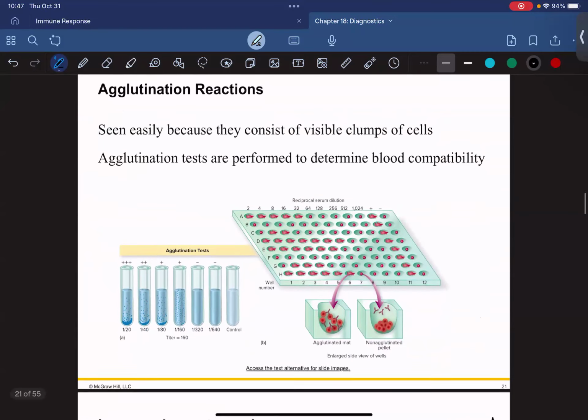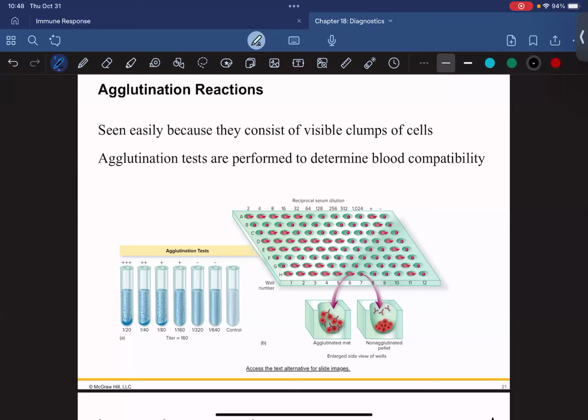So agglutination reactions, you can have agglutinated mats that will develop, or you can have non-agglutinated pellets that you could see in wells where the cells will just settle because they're not creating a mat. Or if you're looking at tubes, that will have to deal with actual pellets in the tube.